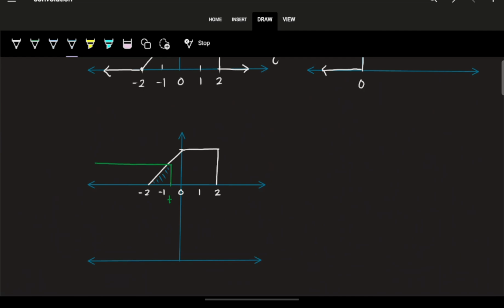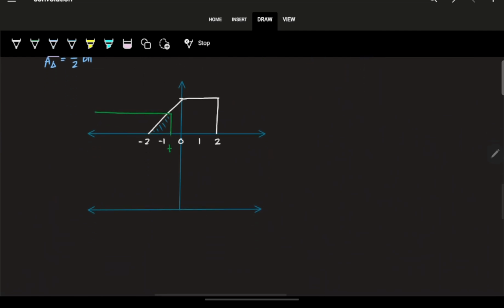So let's take a look at the shape. Anong klaseng shape yung nakuha natin dito? Most likely we're getting a triangle. Remember that the formula for the area of the triangle is 1/2 base times height.